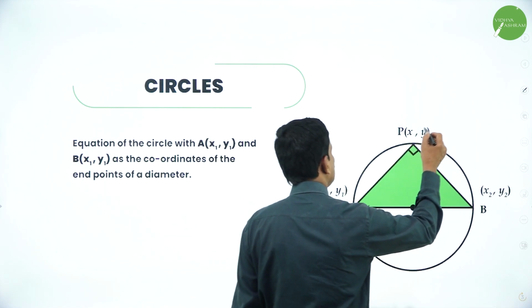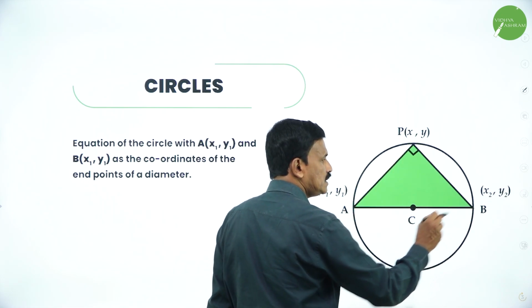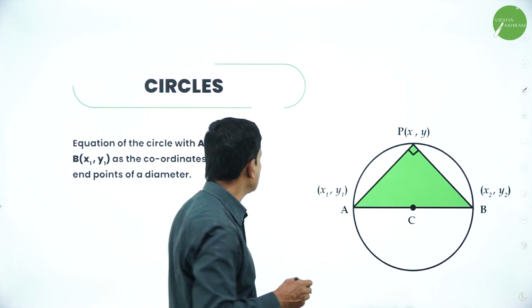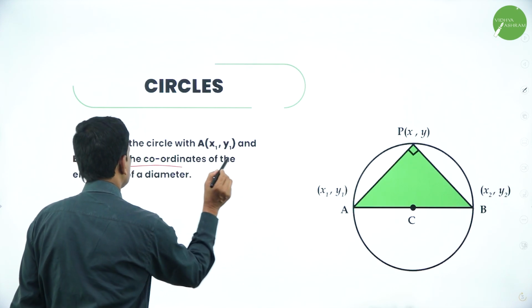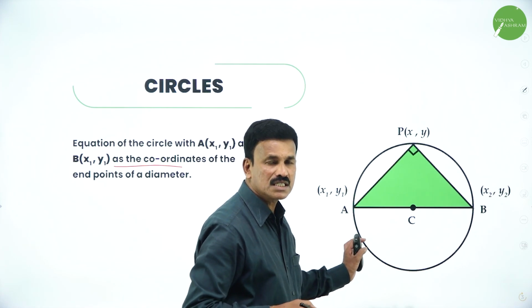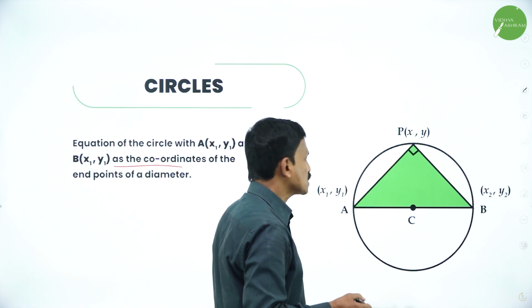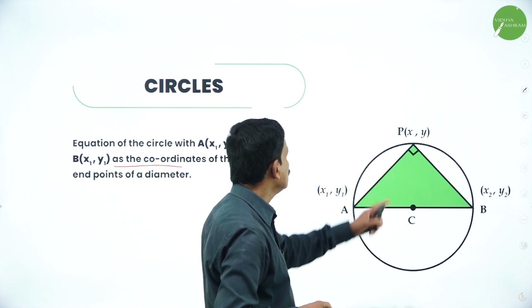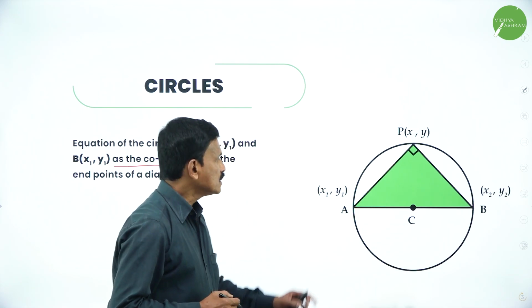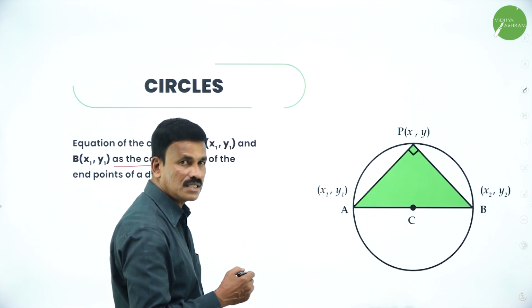Let P(x, y) be any point on the circle. Now join PA, PB and AB. Let A(x1, y1) and B(x2, y2) be any 2 points as the coordinates of the ends of a diameter. Let P(x, y) be any point on the circle. Now join PA, PB and AB. Now this angle PAB is an angle in a semicircle, this is a triangle in a semicircle.